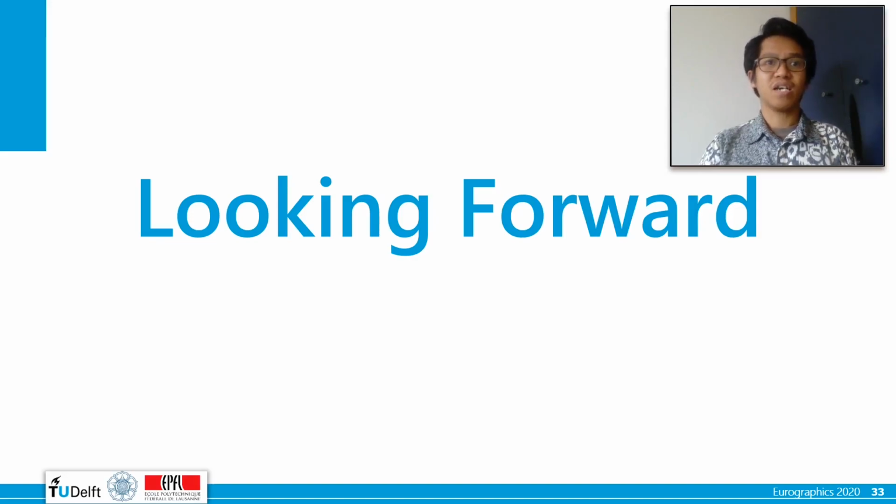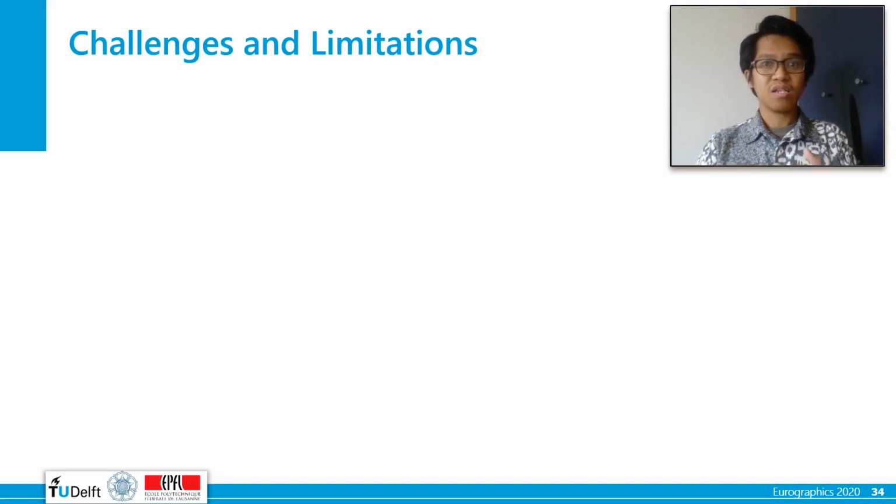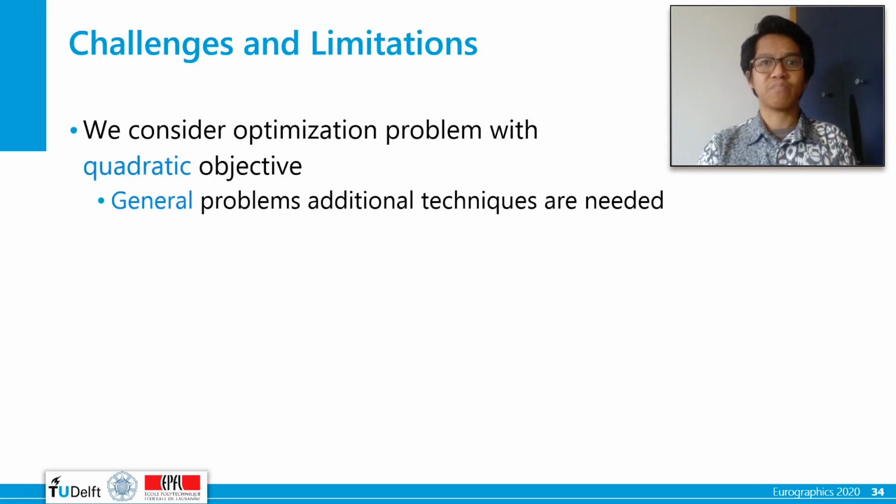Looking forward, there's still a lot that we can do with tangential fields. In this work, we limit our focus to optimization problems with quadratic objectives. For more general problems, additional techniques need to be developed that allow us to approximate the objective and its gradients at a cost that does not depend on the mesh resolution.